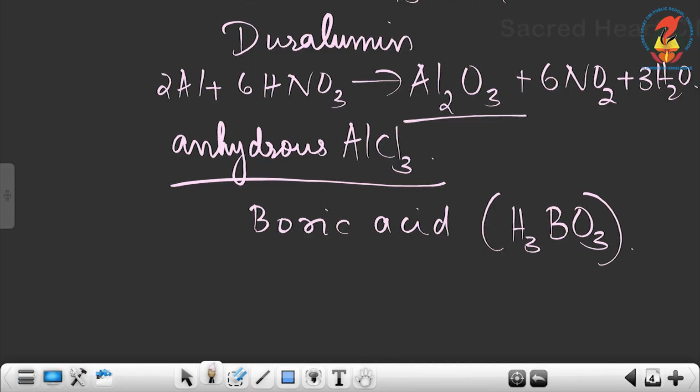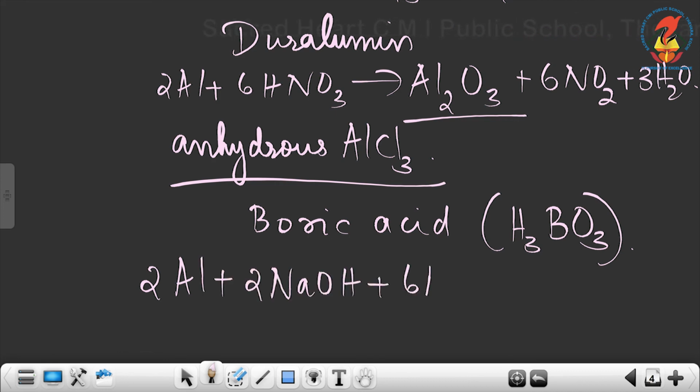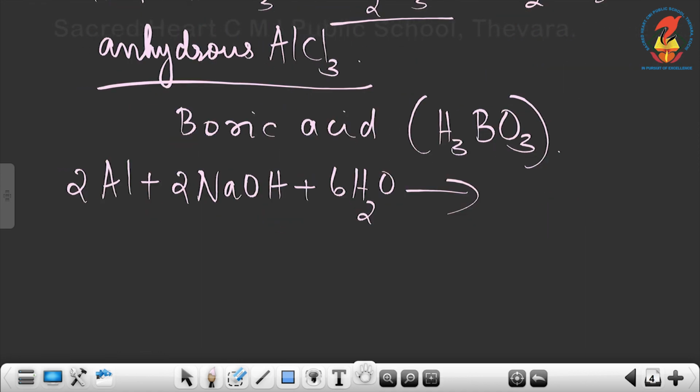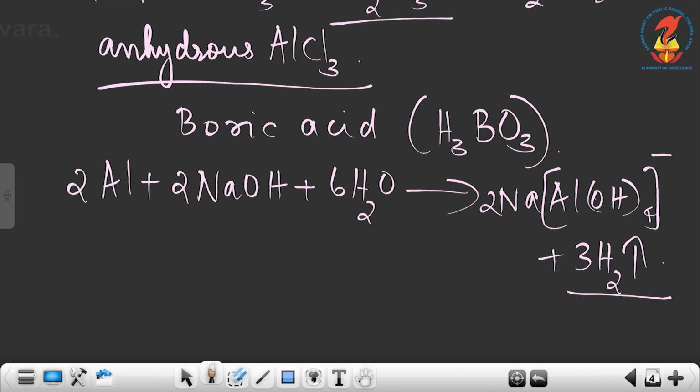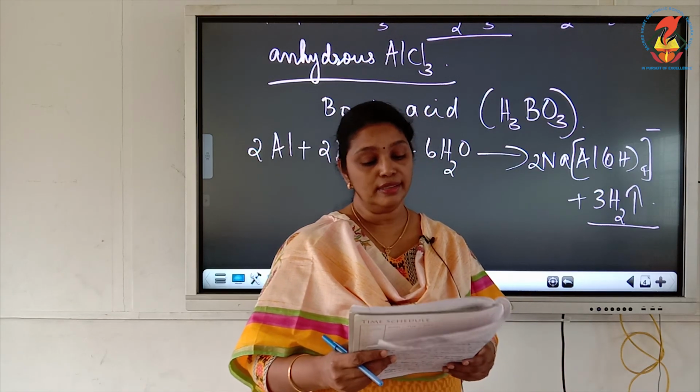That reaction we have already written, let me write it again: aluminum plus 2NaOH plus 6H2O. The product formed is Na[Al(OH)4] plus 3H2. So, this hydrogen gas produced will help to open the drain.